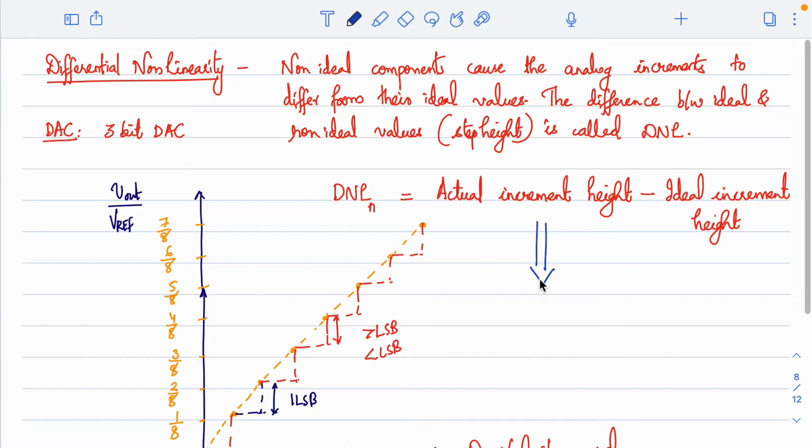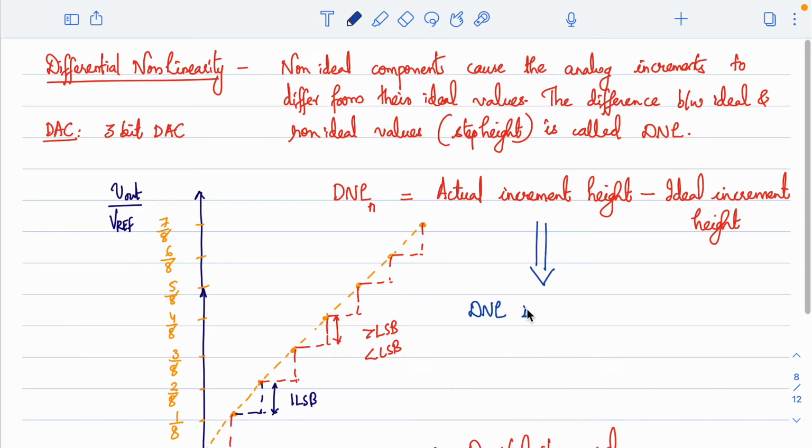Yeah, it is accuracy. Definitely it is accuracy. In a more precise way, I can say DNL measures how well a DAC can generate uniform analog LSB multiples at its output, right? Because for every change what I need is 1 LSB. So how well a DAC can generate output in terms of multiples of LSB, that is what DNL measures. Let me write it over here.